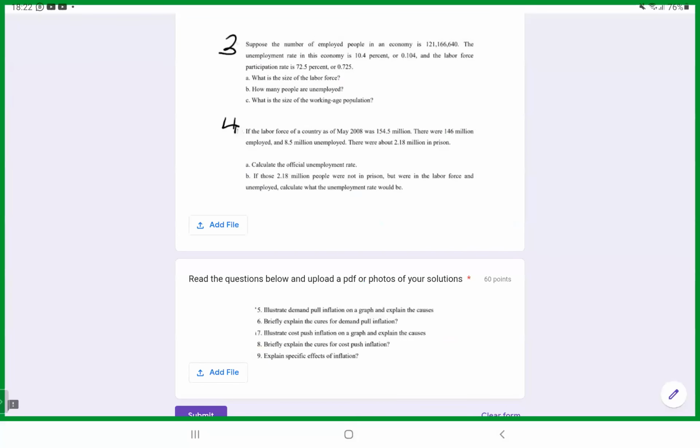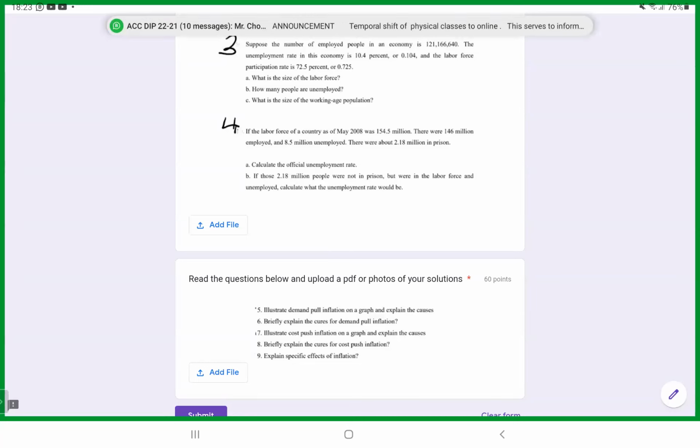Now, question B said, imagine those 2.18 million people were not in prison, but were in the labor force and unemployed. Calculate what the unemployment rate would be. What do you think we are going to do here?